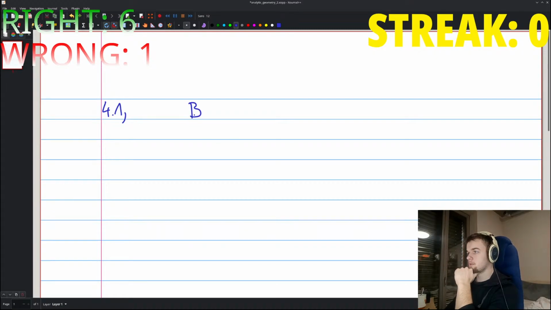So we are looking for point B, which is, I don't know how you say it in English. I'll draw a little picture to explain it.